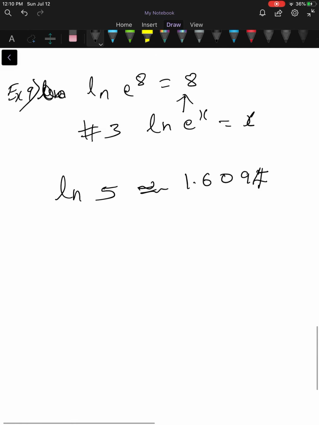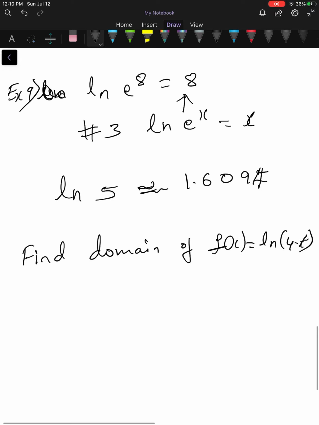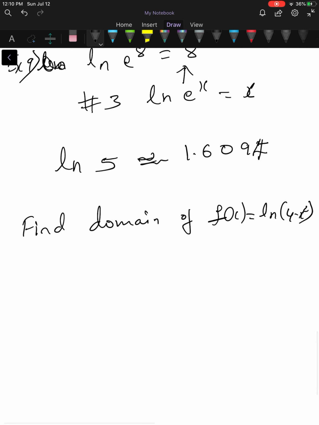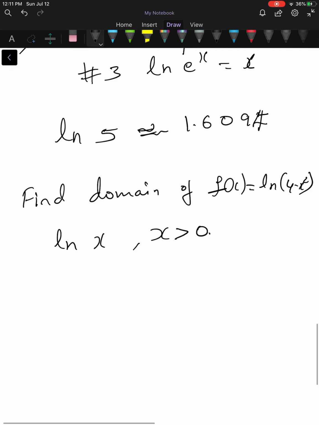Now to find the domain of a logarithmic function. If you are asked to find the domain of f of x equal to ln of 4 minus x square. As with any logarithmic function, ln x is defined only for x greater than 0.